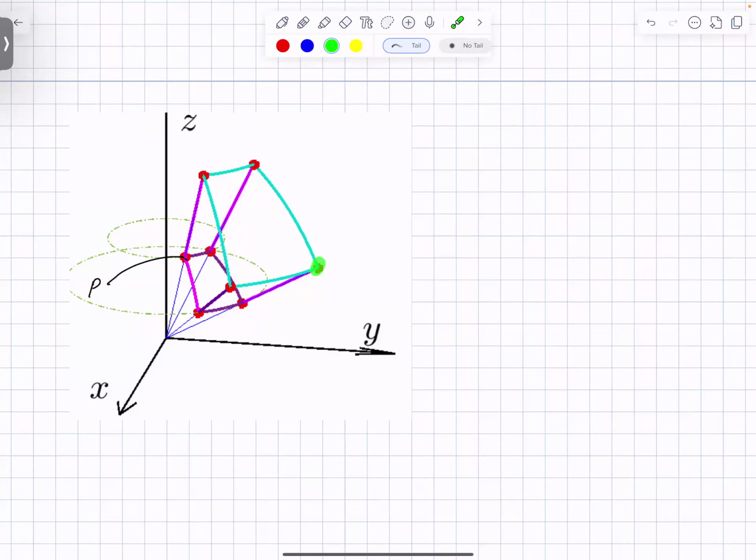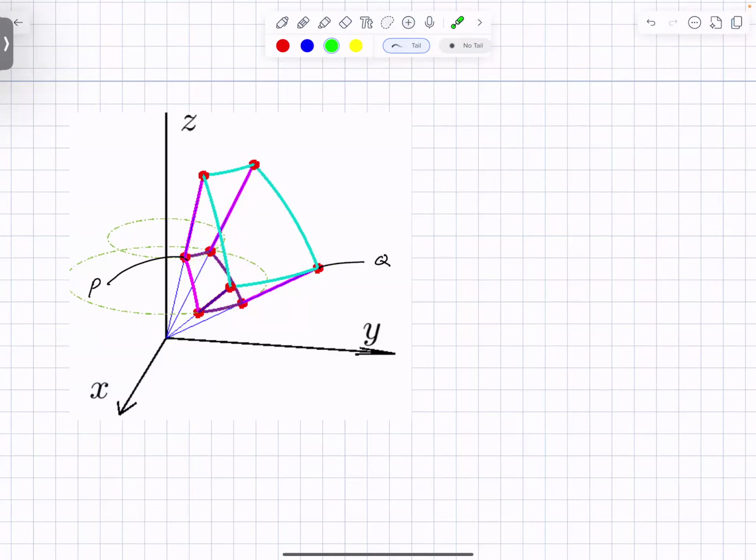So the difference between this point P and let's call this one Q, the difference in R coordinate would be dr, because this point lies on a sphere of radius r, whereas this lies on a different sphere of radius r plus dr. And if this point has phi coordinate phi, this one will have phi plus d phi, because to get to this point, you have to go around on this circle as well.